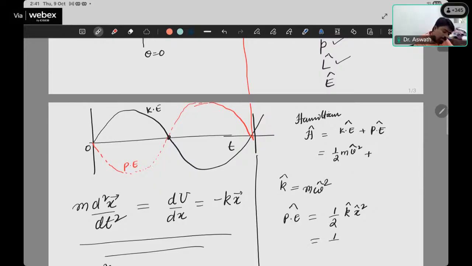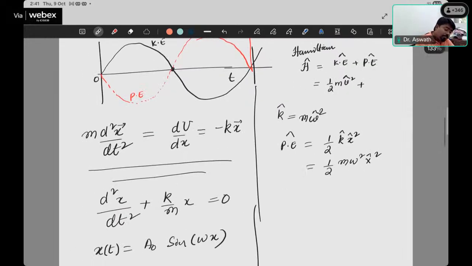So my potential energy is half m omega square x square. For the omega I'm supposed to add a hat, but now and then people don't add a hat. That is immaterial, because I'm more concentrating on my position and momentum. That is the most important thing.